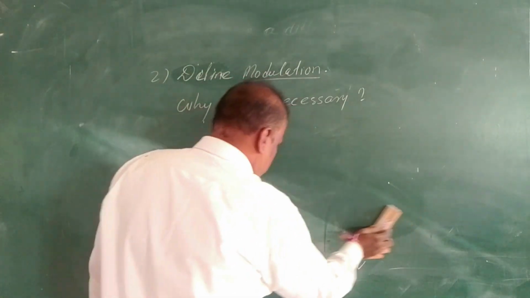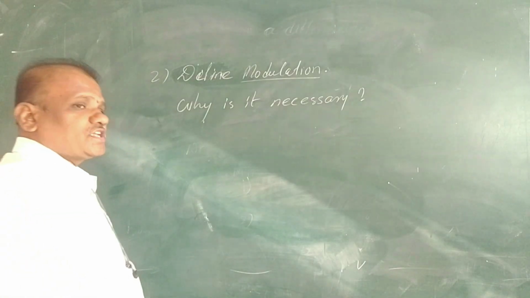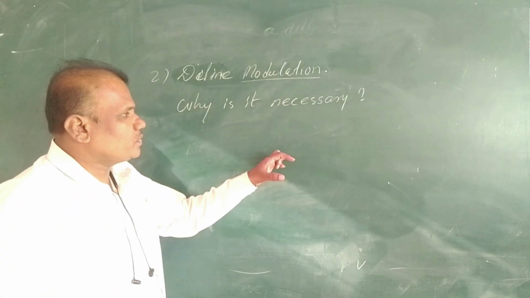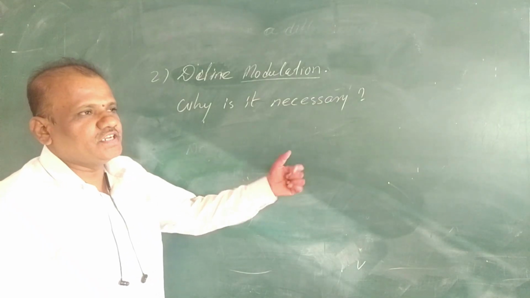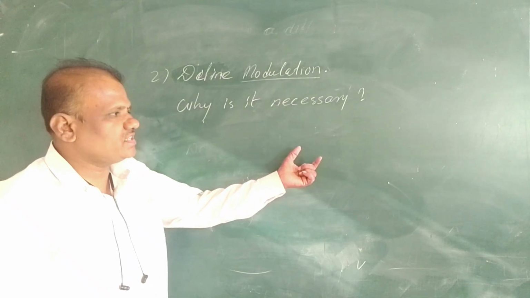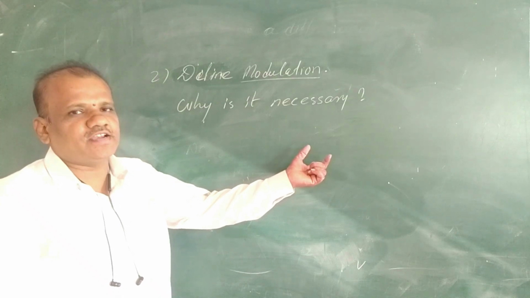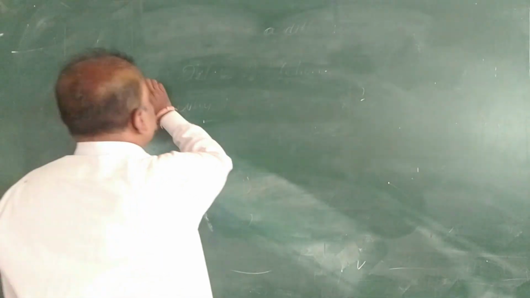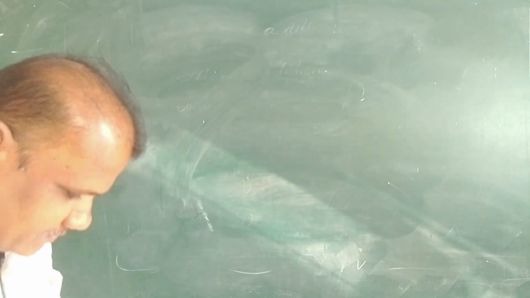If there is no modulation, the height of the antenna should be in the range of kilometers, which is practically not possible. And it is not possible to radiate the audio signal into space, because the radiation power carried by the audio signal is very low. So that's why we are in need of modulation. That is the second question.